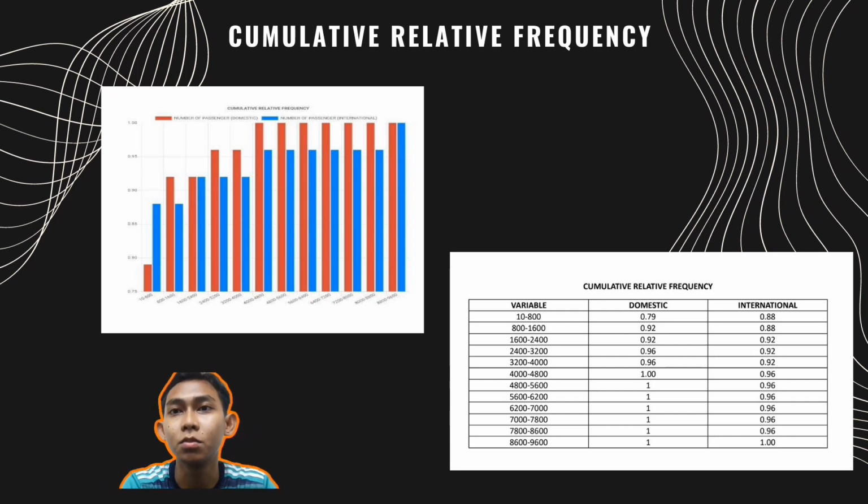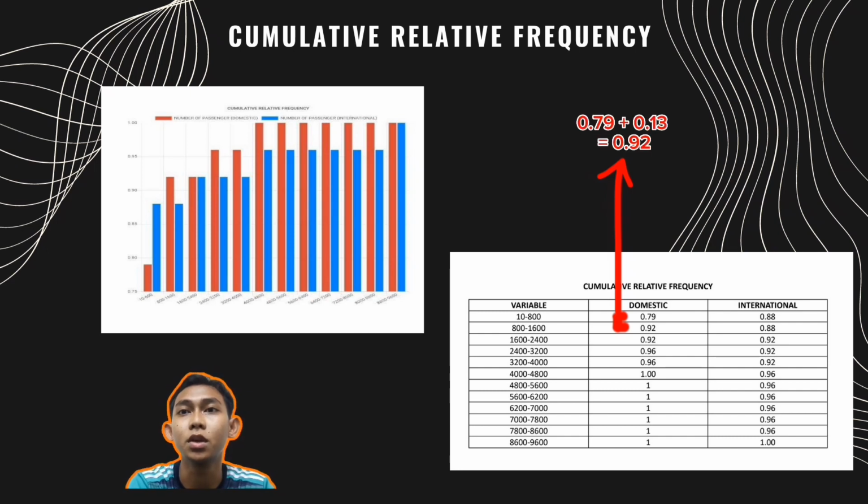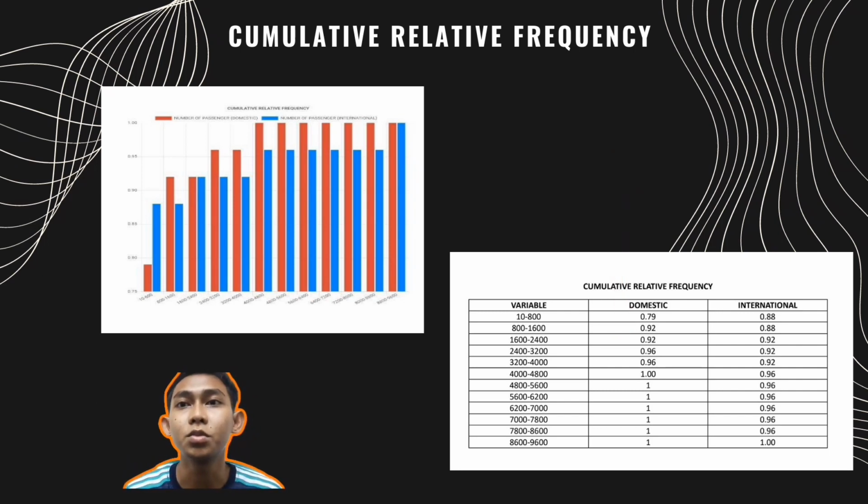So for example from table 4, we add 0.79 at 10,000 to 800,000 passengers, then we add 0.13 from the relative frequency at 800,100 to 1,060,100, which we get 0.9. So the graph shows us that the cumulative relative frequency numbers will keep getting up until 1.